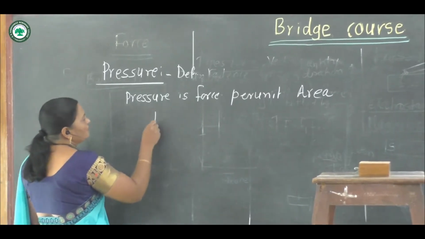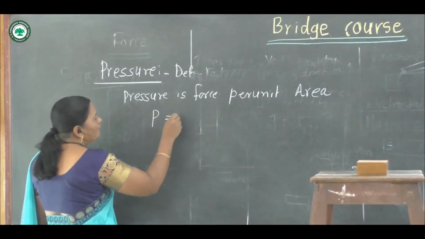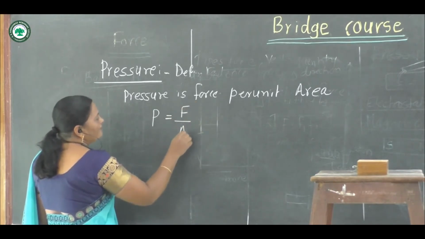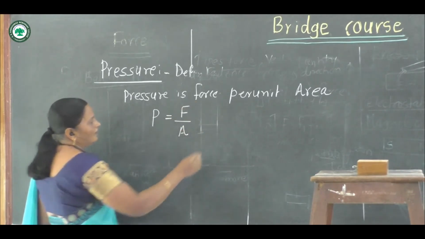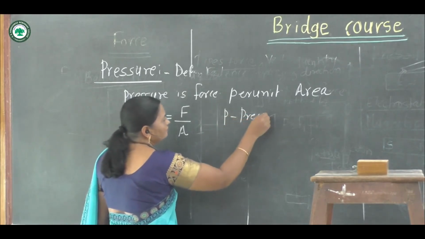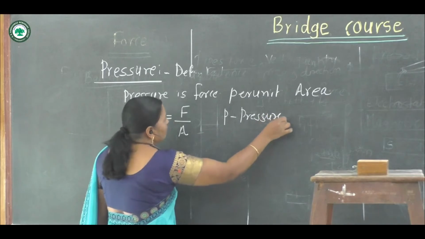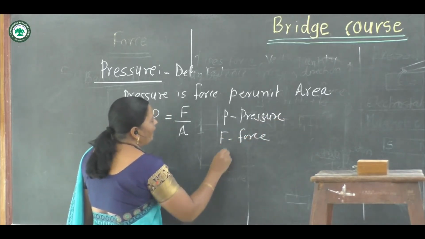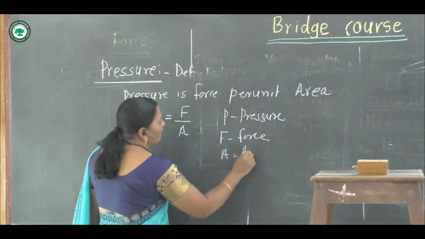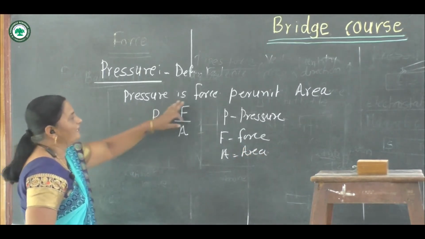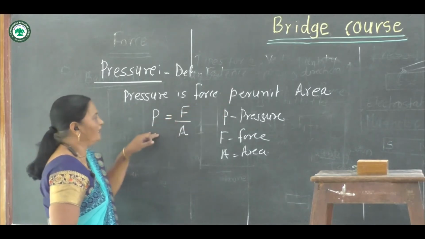Pressure is denoted by P, force is denoted by F, and area is denoted by A. Pressure is defined as force per unit area.